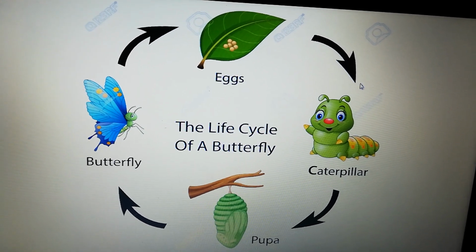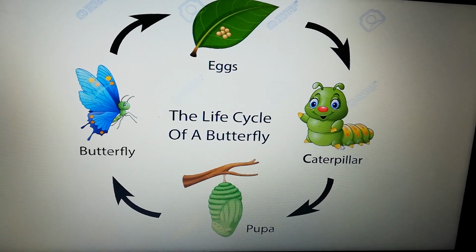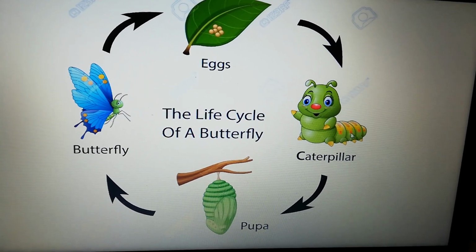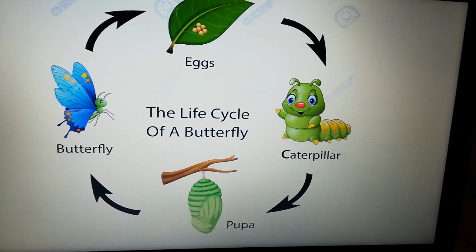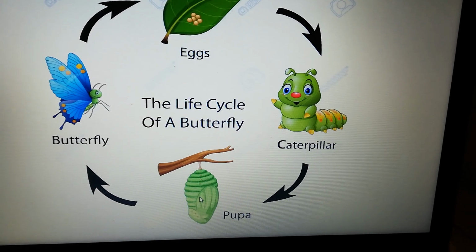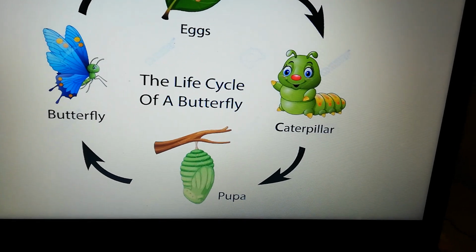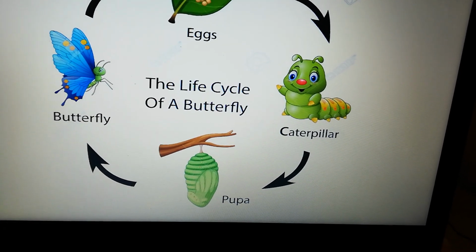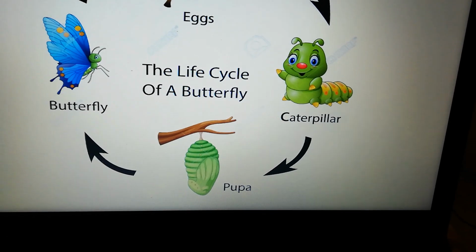The egg will develop into a caterpillar in stage 2, or we call it caterpillar or larva. In stage 2, the larva and the caterpillar grows and becomes bigger to become in stage 3 a pupa. In stage 3, the pupa stops eating and builds a hard case around itself.